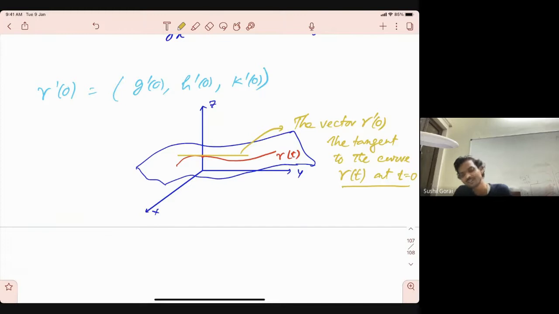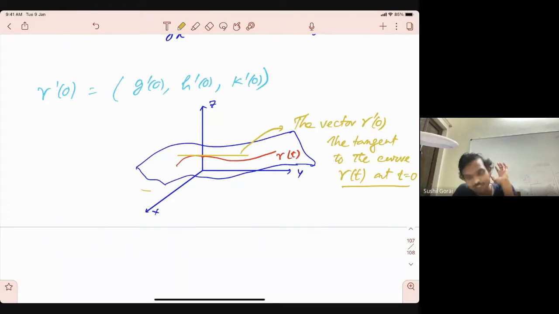We have already looked at the tangent line and tangent space. Now you see, this is how you calculate the tangent vector corresponding to a curve, and this vector lies in the tangent space of the surface as well, right? So this is what it represents.